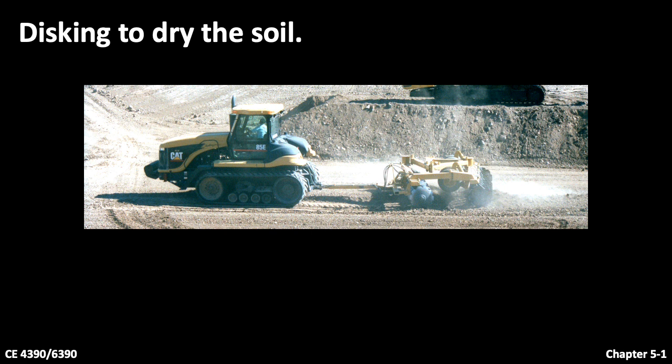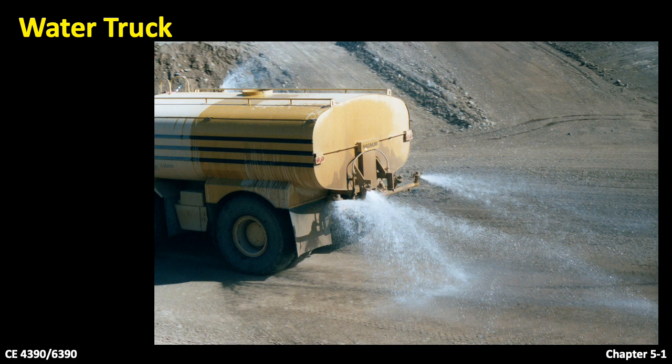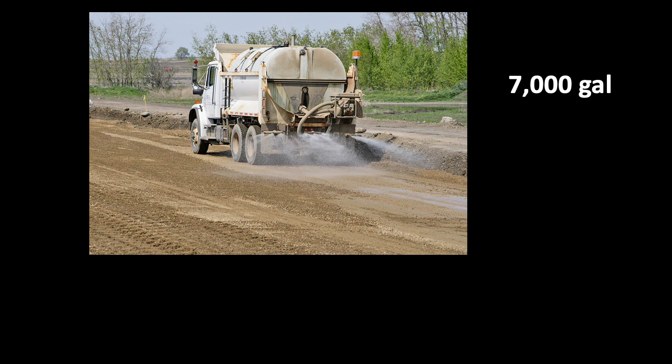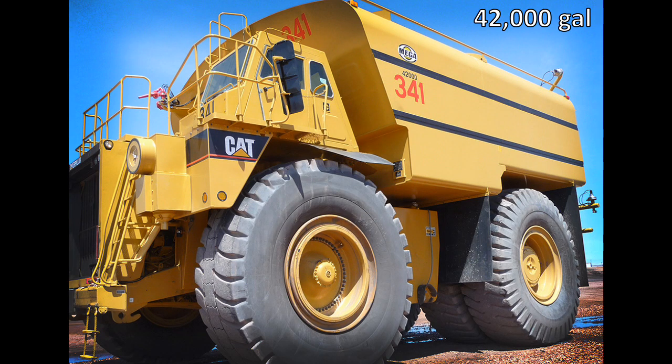This shows the use of disking to dry the soil. Here, a water truck is used to wet a compacted area. Water trucks can be small with 7,000 gallons. For large areas, you may want to use bigger trucks, such as Caterpillar 341. It can carry up to 42,000 gallons.